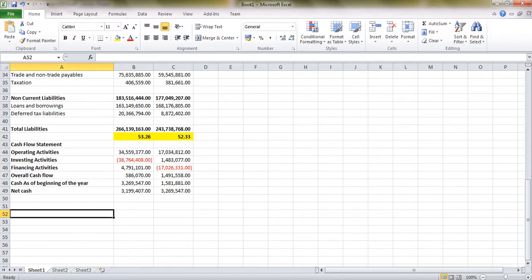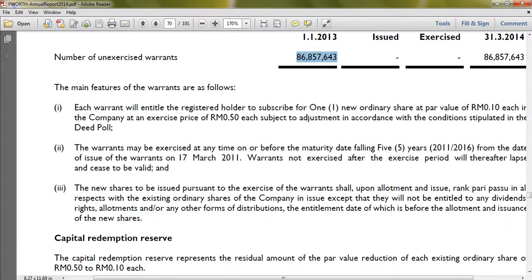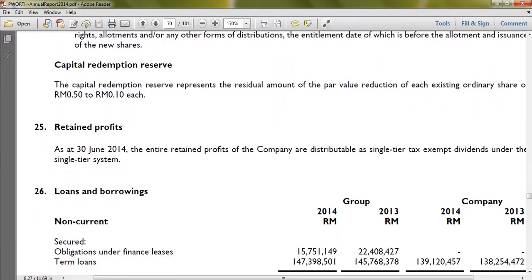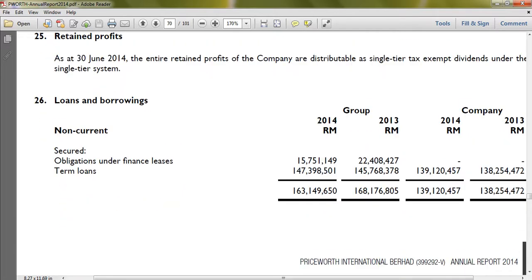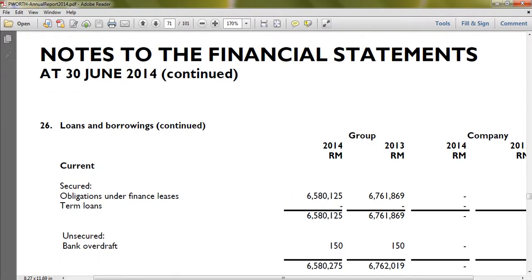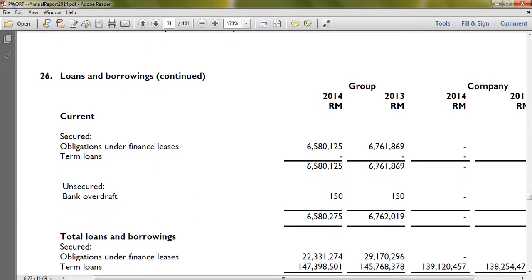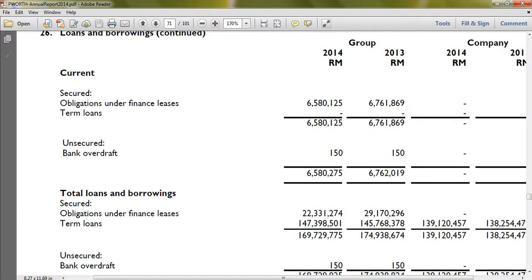So the number of warrants is still the same for both years. Don't have any person exercising it. These loans and borrowings, okay. Term loans, finance, okay. No wonder, where is it? The 150 is bank overdraft.